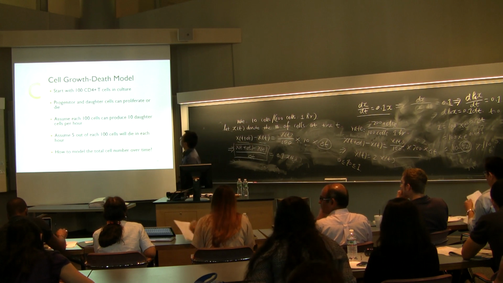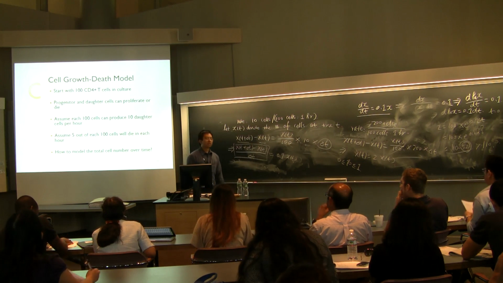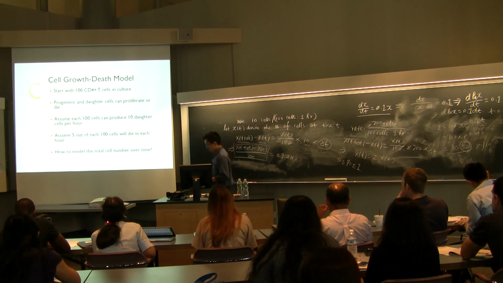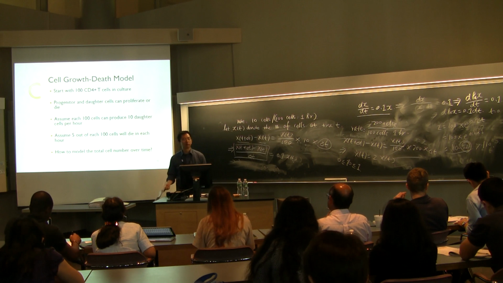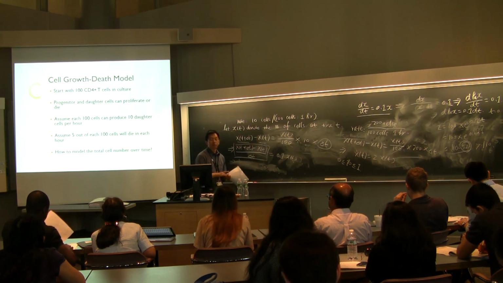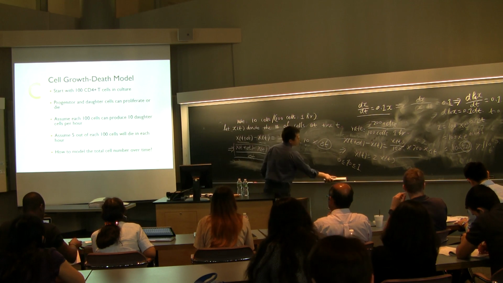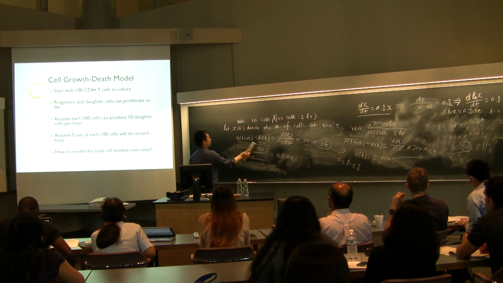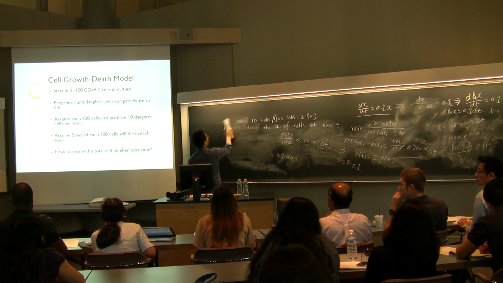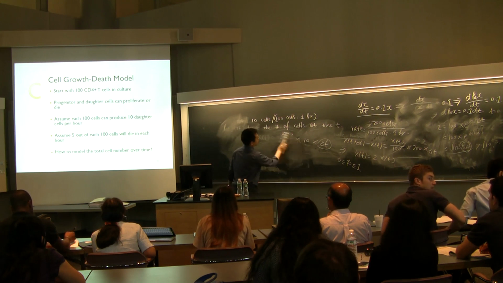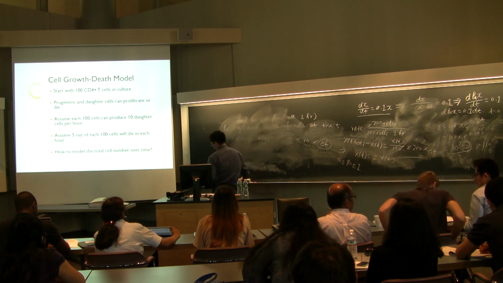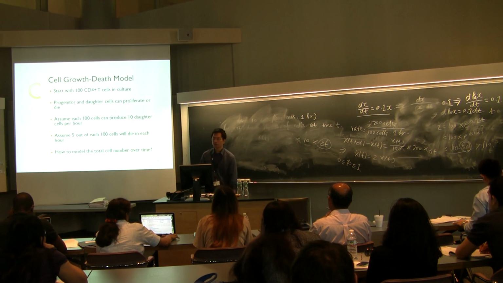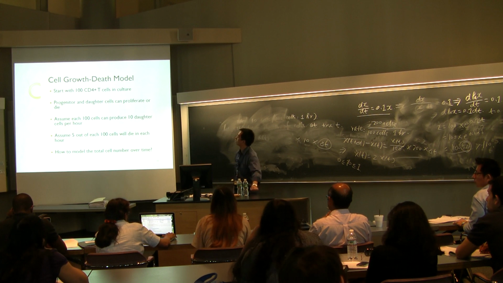Now, let's make it more realistic. We consider the growth model, but we haven't considered any death in the model. It's not reasonable, because that depends on the time window. If it's a short time window, probably you're okay. But if you're talking about 1 week or 2 weeks, there will be some cell deaths. So again, we start with 100 CD4 T cells in culture.